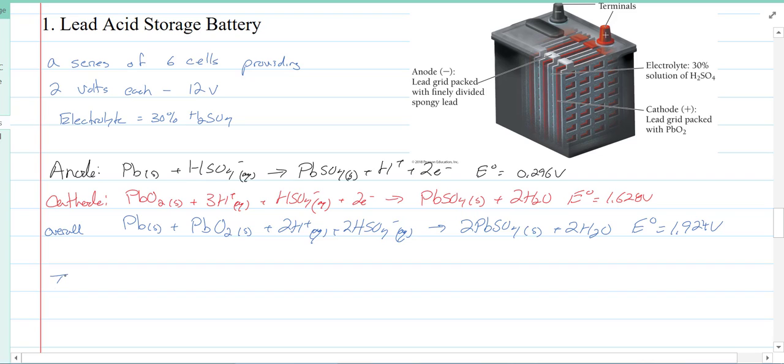So with this, the product, which is lead 2 sulfate, adheres to the electrodes, and the reaction can be reversed by applying an opposite potential.